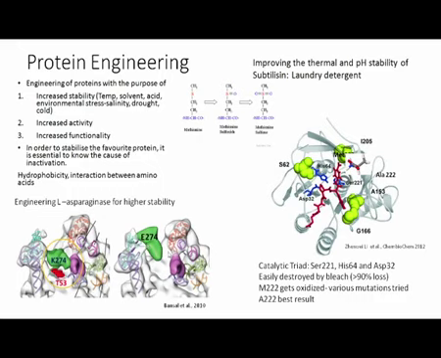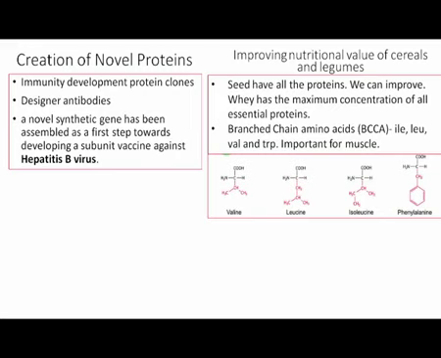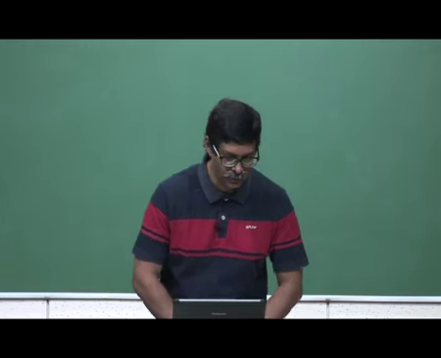There are many such examples, and we will learn about them in different classes. Now, protein engineering is used not only for changing the stability or activity of an enzyme; we can actually develop new and novel proteins. We have those tools now available to us by genetic engineering approaches.